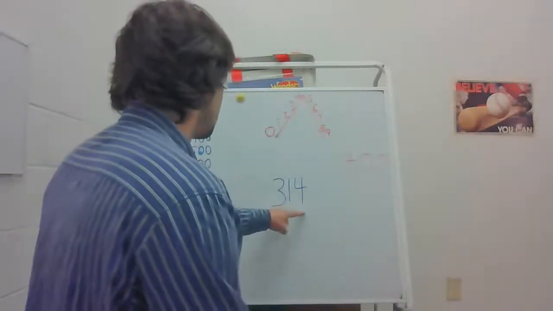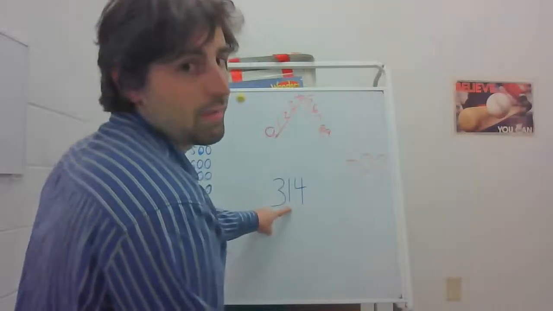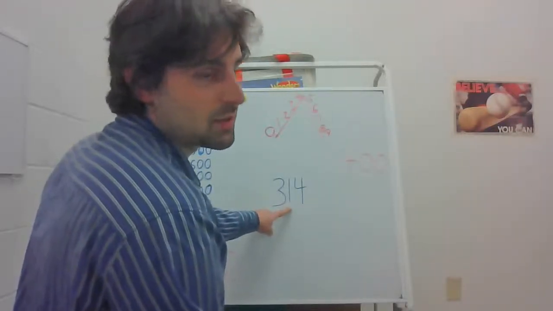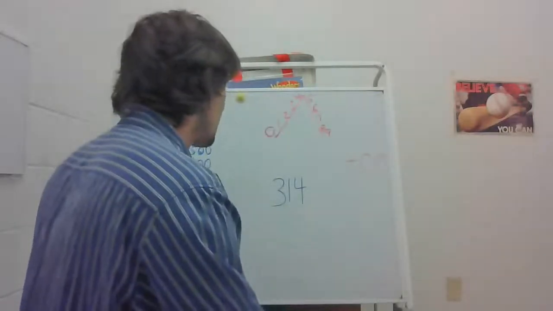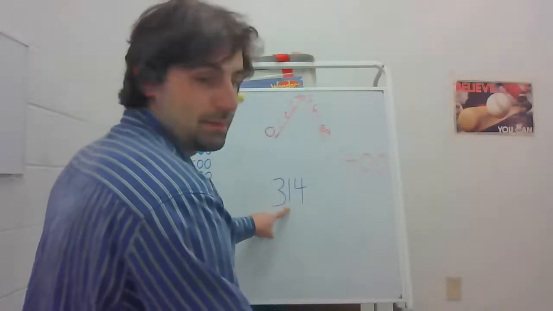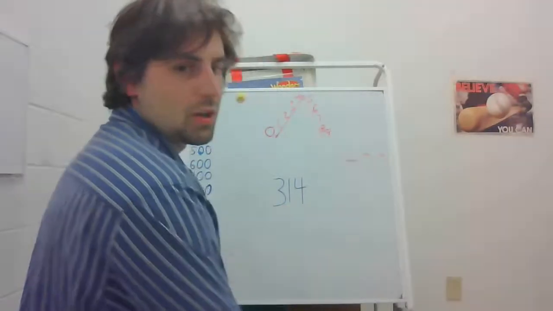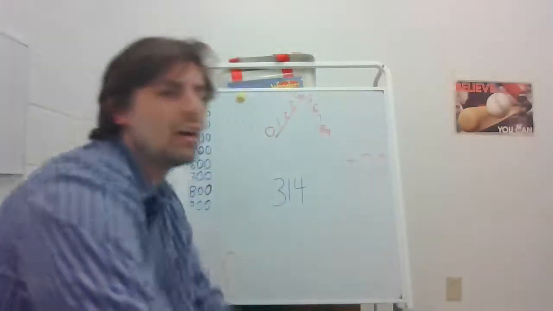So we're looking at the digit in the tens place. The digit in the tens place is a 1. 5 or more, we raise the score. 4 or less, we regress. So the digit number 1 is a lot less than 5. That means that we're rounding down.